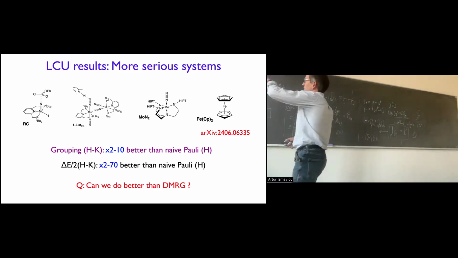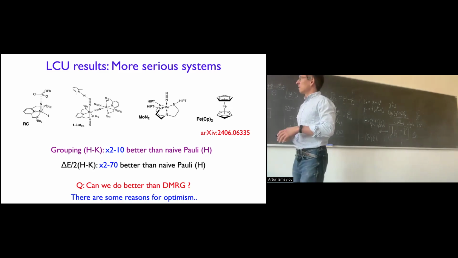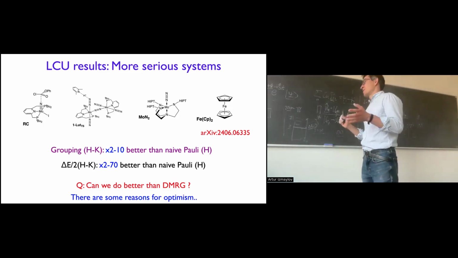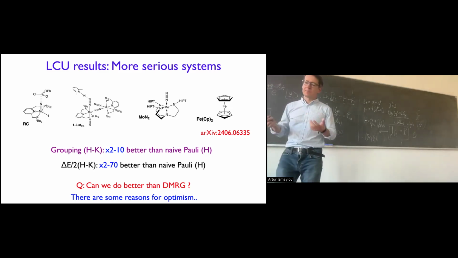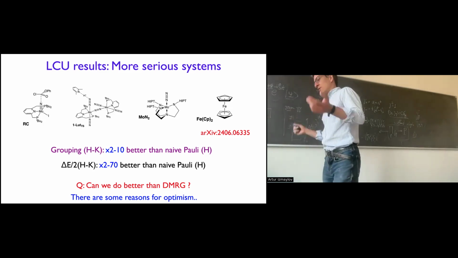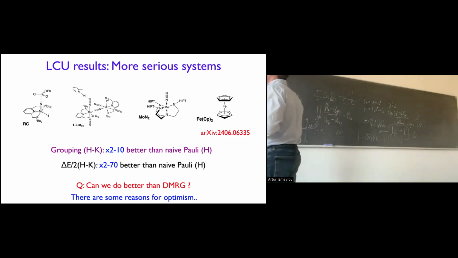In this paper we put together with a group of people, there are some reasons for optimism. There are some systems where DMRG requires a lot of time on a classical computer, because you need to increase the bond dimension quite far, and that takes a lot of computational resources and time.